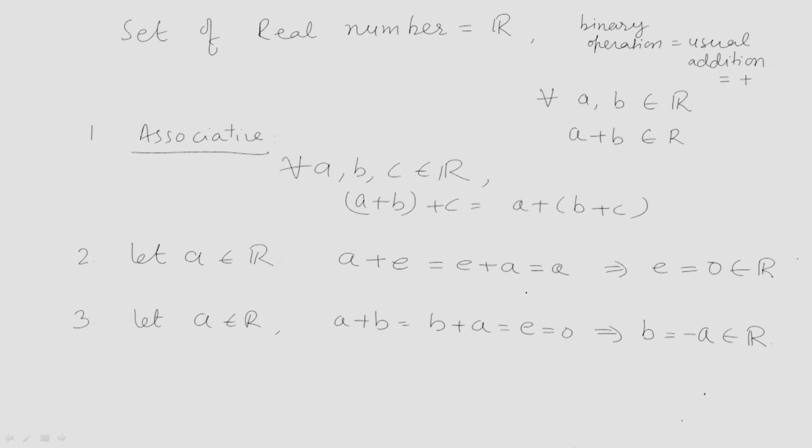Now, if we see the same set of real numbers over usual multiplication, we have to exclude 0 because the inverse of 0 is not defined here.